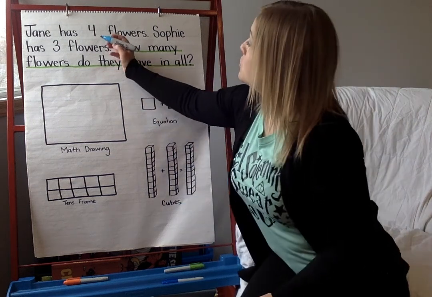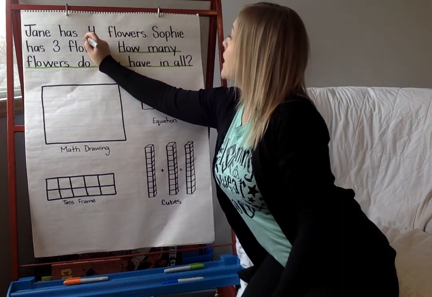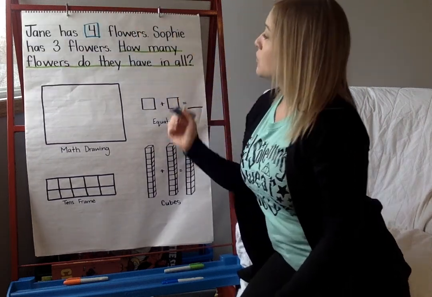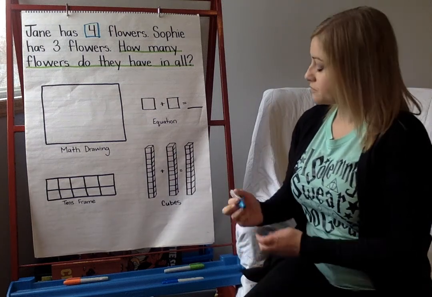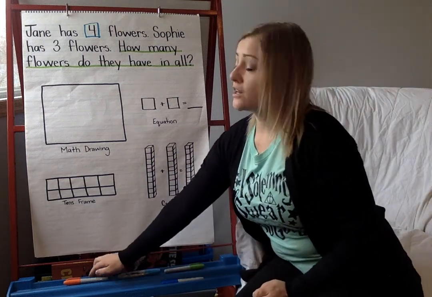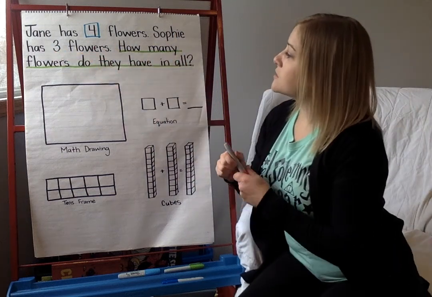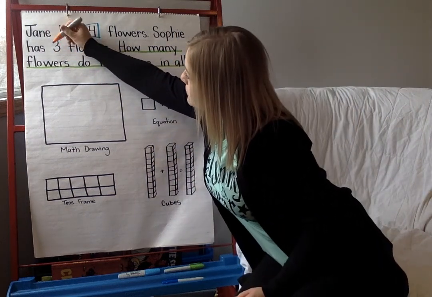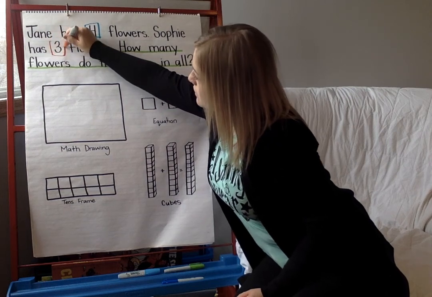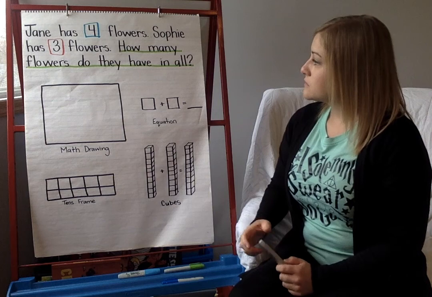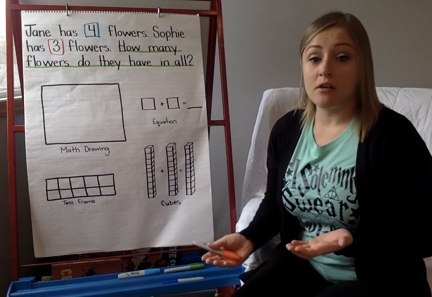So we know if Jane has 4 flowers, we have one of our numbers right here. Now I'm going to get another color. Sophie has 3 flowers, and then here's another number. So we have Sophie and Jane's flowers.